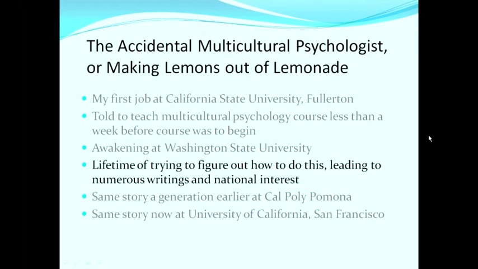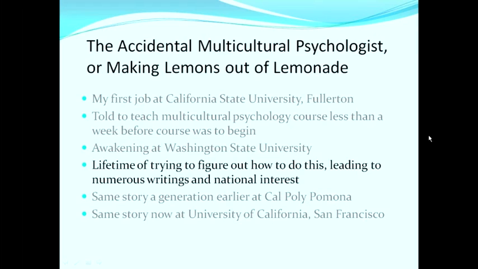This is kind of my lemons to lemonade lesson later on. I was putting so much effort into trying to develop my multicultural course at Washington State because I wanted to do a good job of teaching the course.